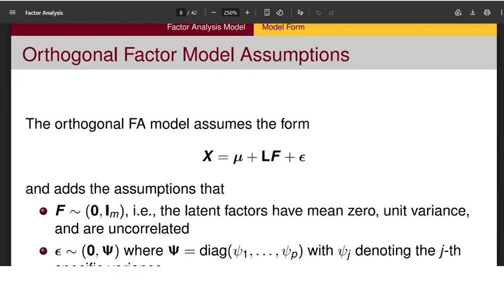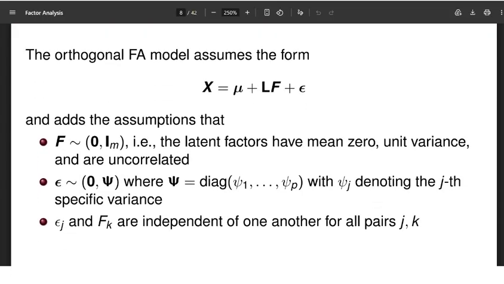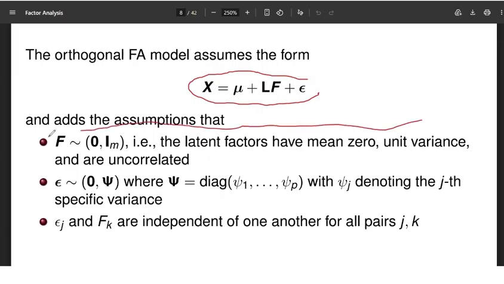Now, let's take a look at the assumptions. We have a model. This is the model, like I said. Number one assumption, we centered on the factor. Please pay attention. Do you know this factor? The factor that we want to uncover, the hidden factor.